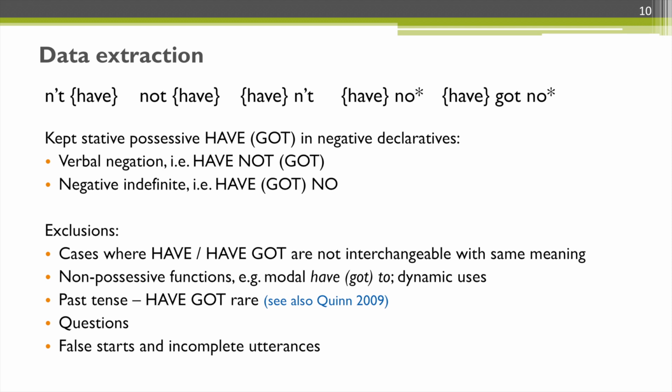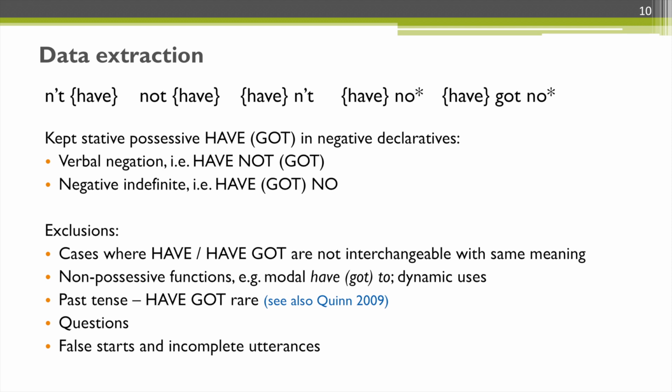Any past tense have got and have, because Quinn suggests that it's not actually possible. She gives a syntactic analysis that prevents past tense had got, and she says that when you use a past tense had got, it refers more to the process of obtaining something rather than the end result of possessing it. So if you say, oh, he'd got a car, you're talking more about the process of getting the car than having the car.